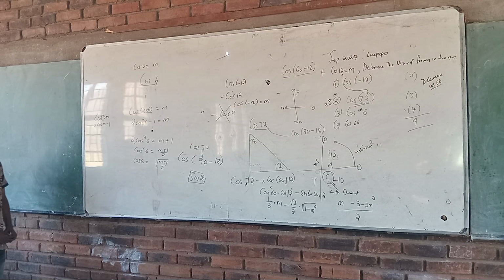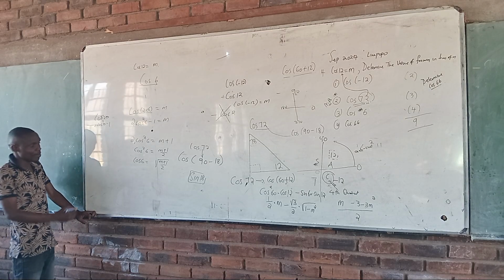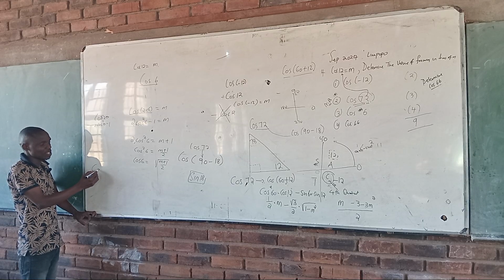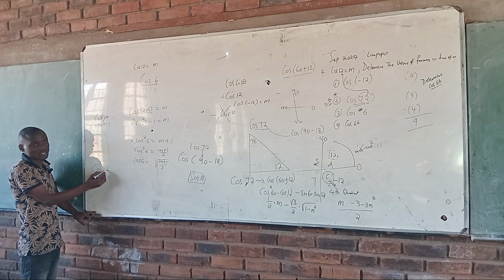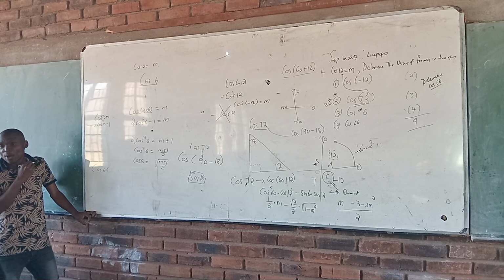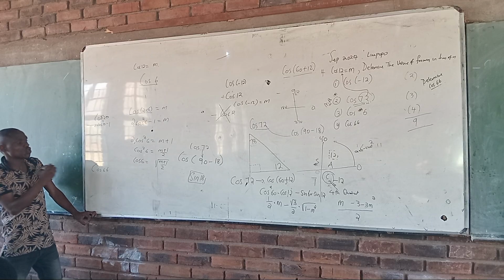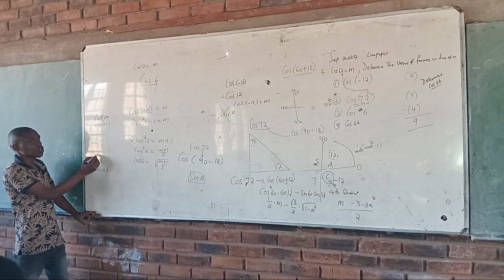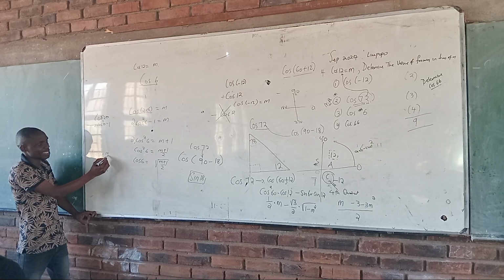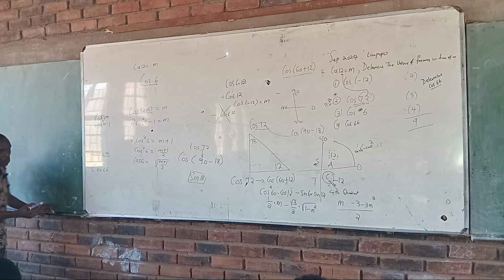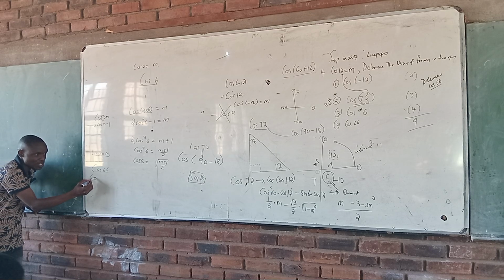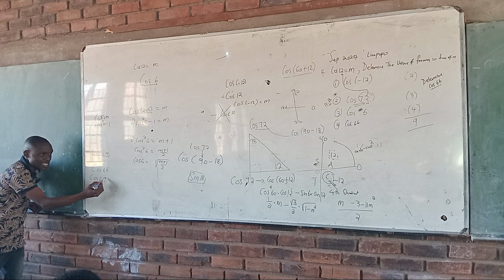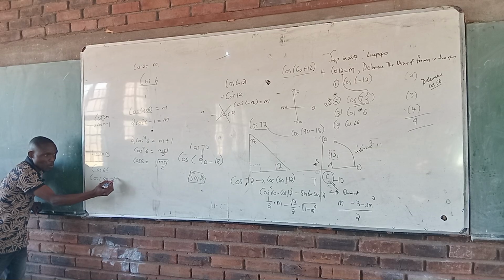Okay, there are two ways to do this one. You are solving what? Cos 66. They said cos 12 is what? It's m. Okay, we know that cos 66, we can write it this way. We can say it's cos 90 minus 24.